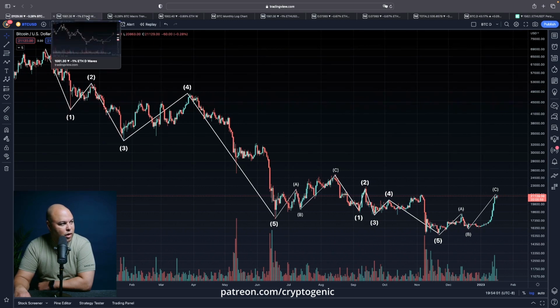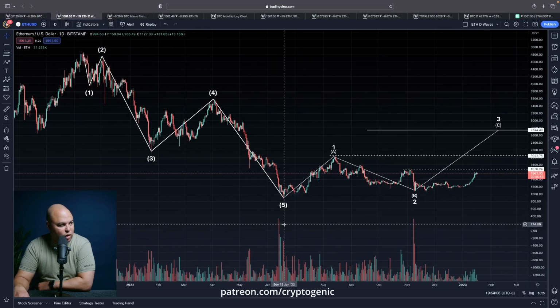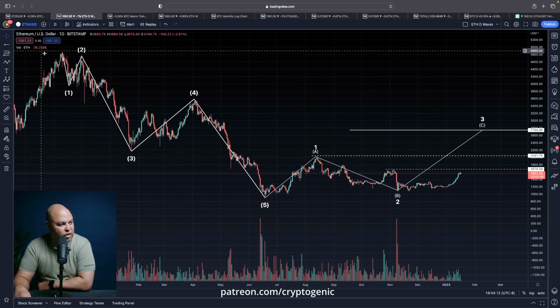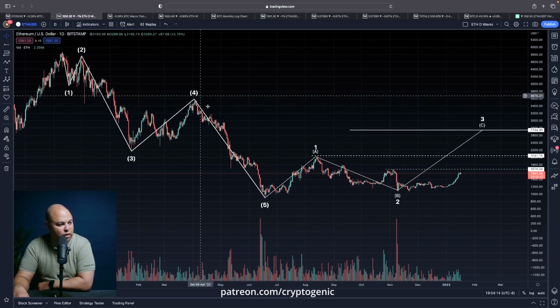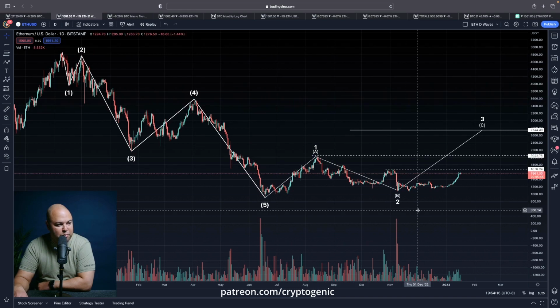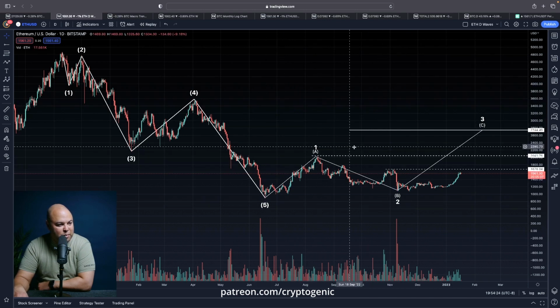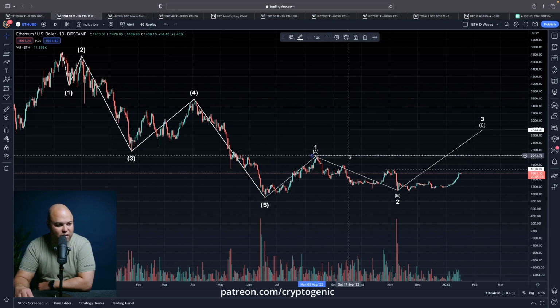However, on the Ethereum daily chart, we're taking a look at the same structure. We find 1, 2, 3, 4, 5, and then A, B, C, but it's looking more like 1, 2, 3. Now, if this is ABC, all we need is a break above this line to confirm C, okay?